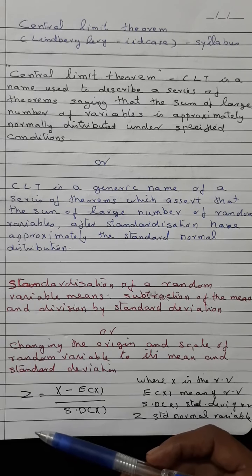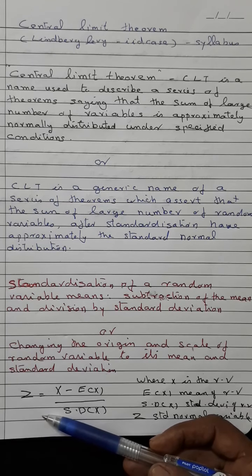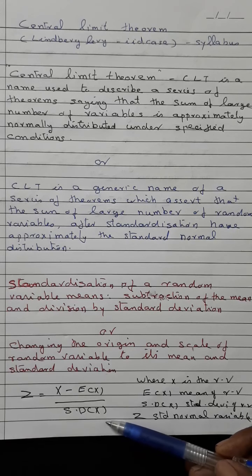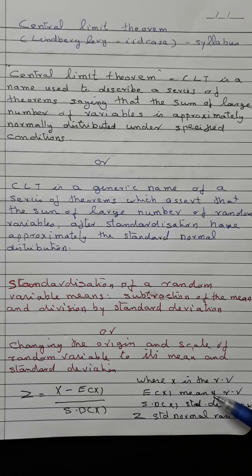Therefore, we can write standardization as Z equal to X minus E of X divided by SD of X, where X is the random variable, E of X is the mean of the random variable, SD of X is the standard deviation of the random variable, and Z is the notation for the standard normal variable.